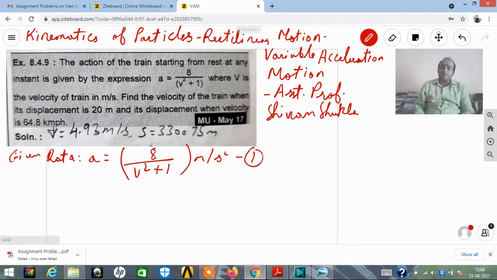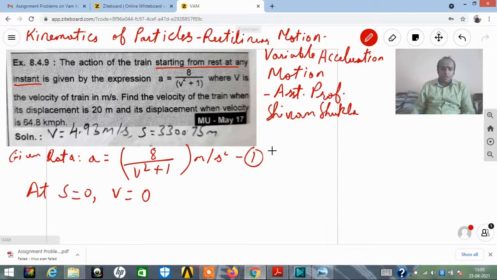Friends, just to make you sure, the train starts from rest at any instant. That means one more given data is there with us, that is S is equal to 0. At S is equal to 0, that is at displacement equal to 0, velocity we are considering as 0, because starting from rest at any instant, that instant we are taking S is equal to 0, V is 0.